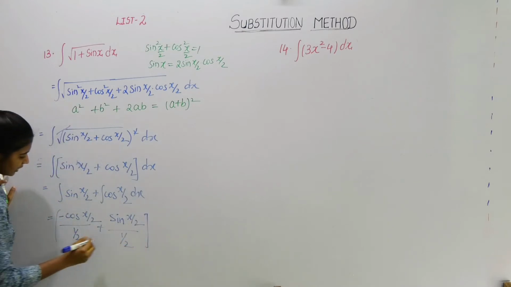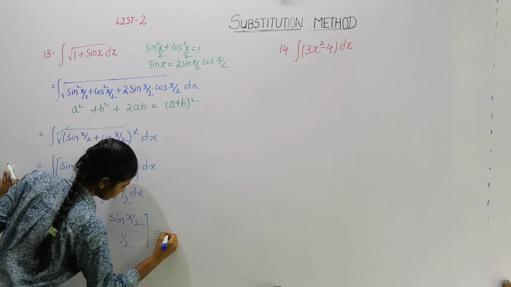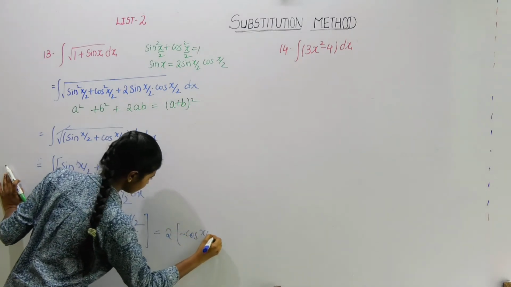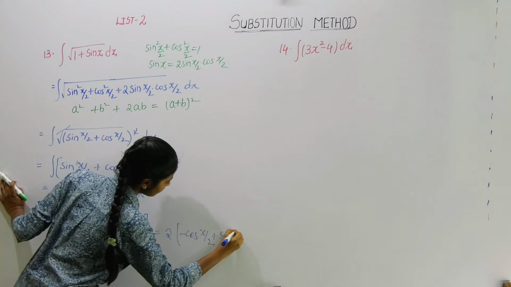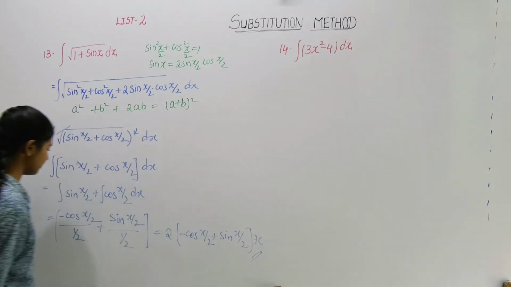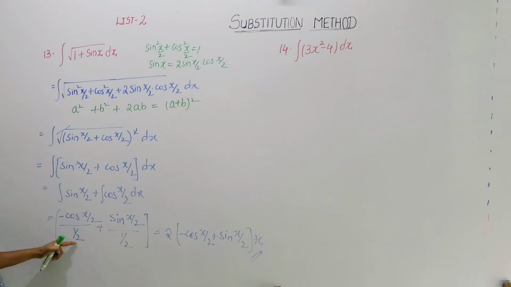Now we can rewrite this as 2 into minus cos x by 2 plus sin x by 2 plus c. This is the final answer. I have got this 2 into the numerator place.